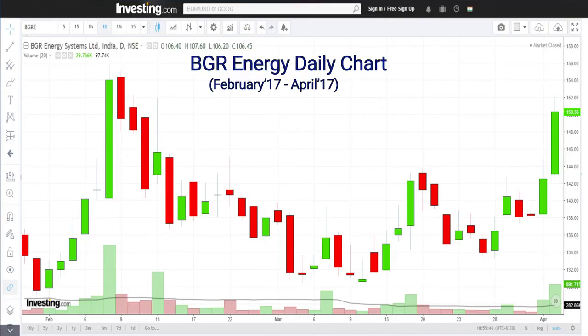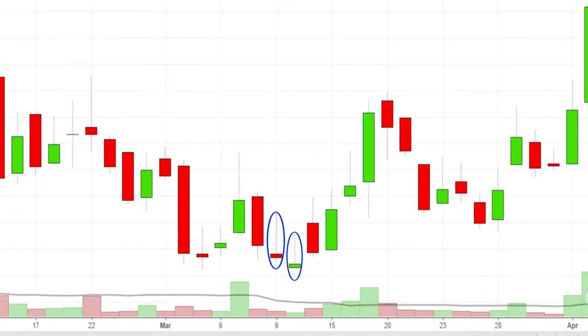Now let me show you a few examples. Once we look at the examples, we will have a better idea of how the pattern works. Now we are looking at the BGR Energy daily chart. Here we can see that two consecutive inverted hammers were formed, and as the price moved higher than the high of the hammer, we should have taken a buy trade.